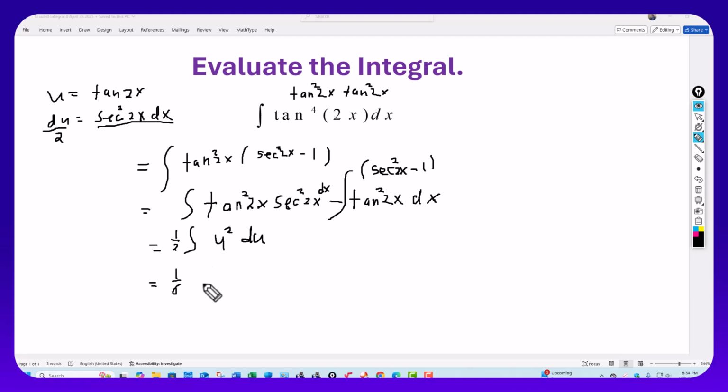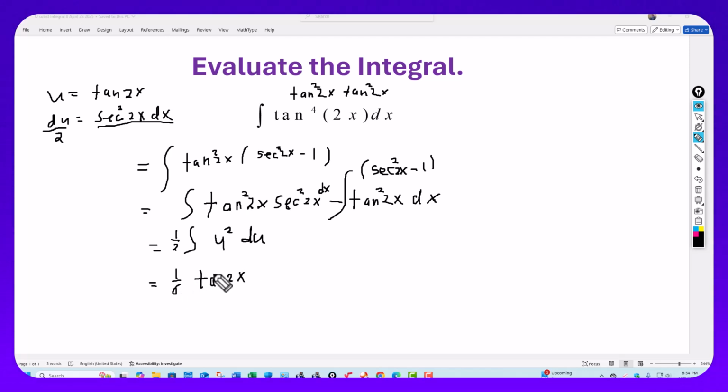And then this will be u to the third over 3. The 1/3 I already multiplied with the 1/2. But u is tangent of 2x, so instead of putting u to the third here, let's just write it like this.